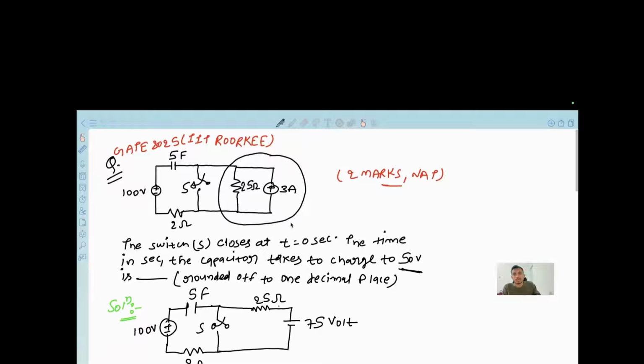So first we'll convert this current source to voltage source. While converting, a resistance will come in series with a voltage source, and it will be 25 into 3, 75 volt.